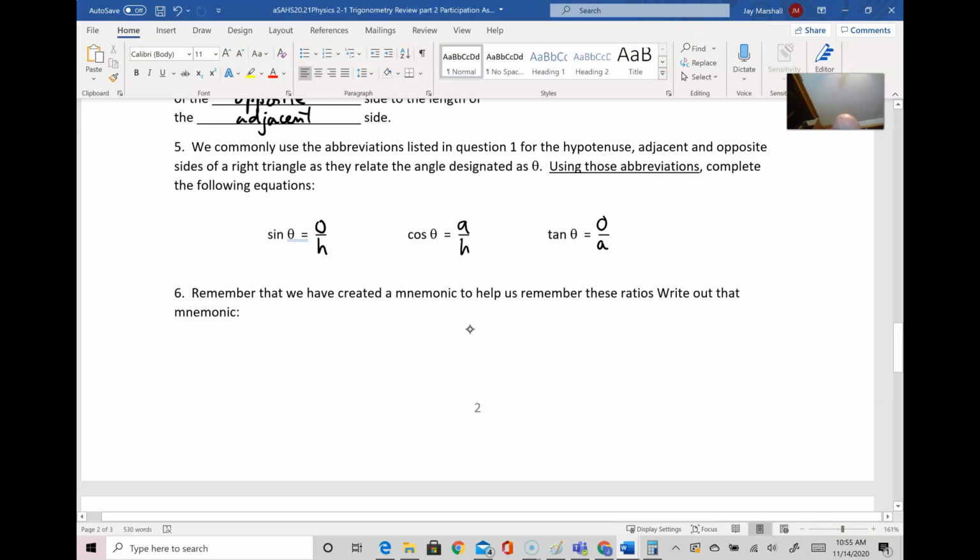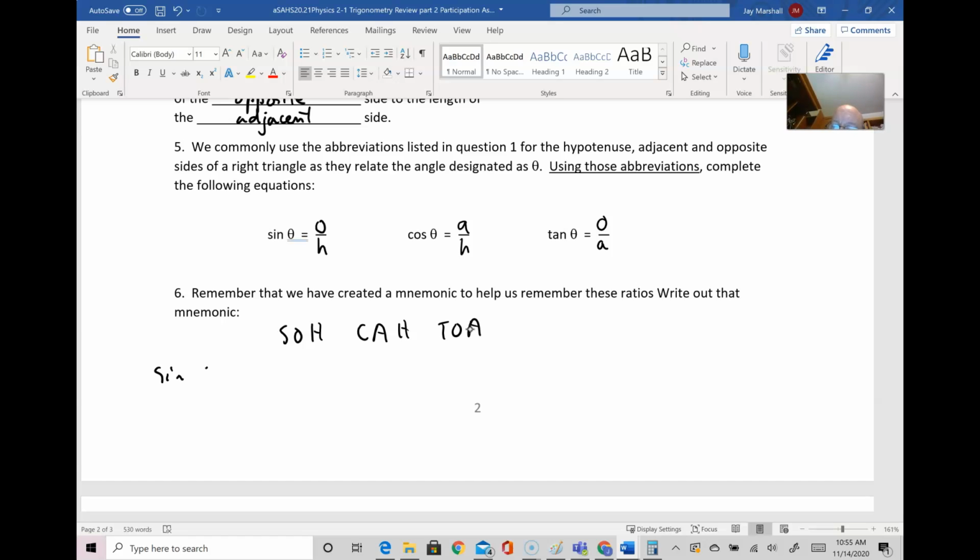And I want you to remember that we've created a mnemonic that's going to help us out for that. We've got the mnemonic SOHCAHTOA. And so I know that S stands for sine, and that's opposite over hypotenuse.